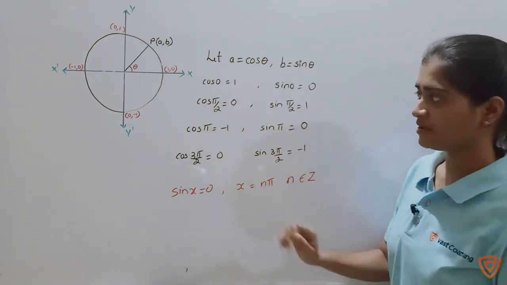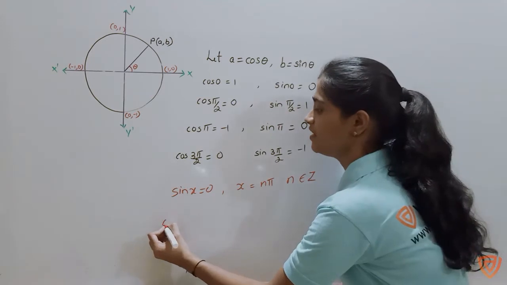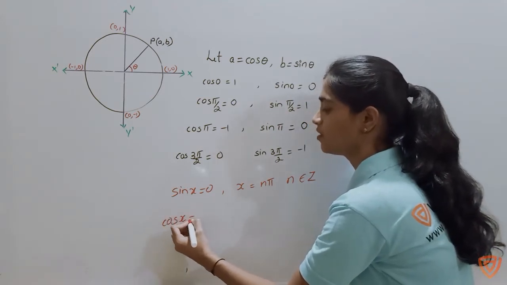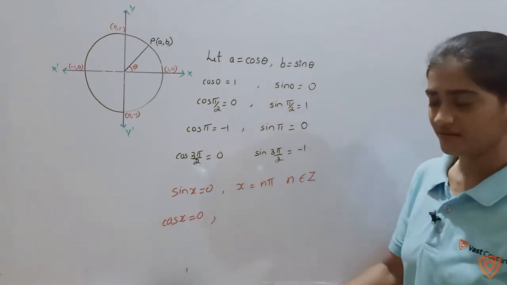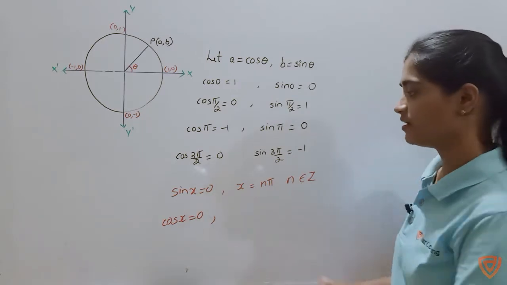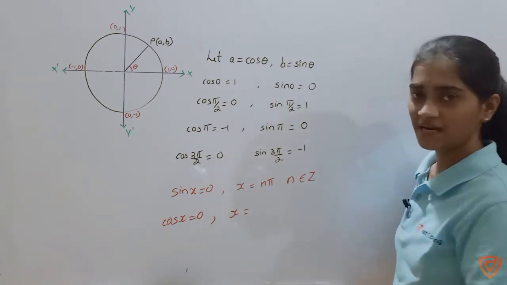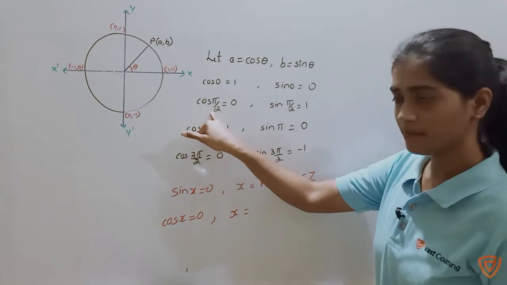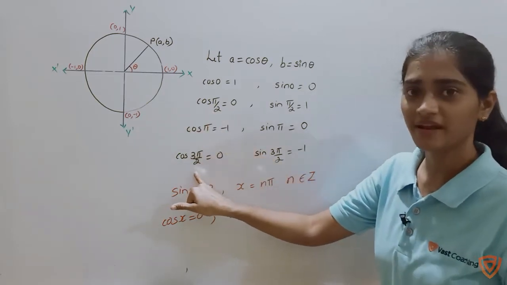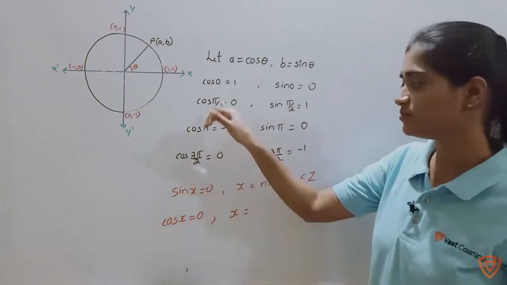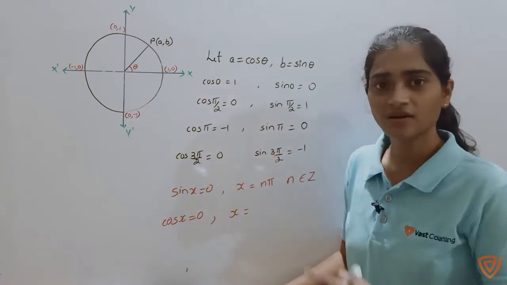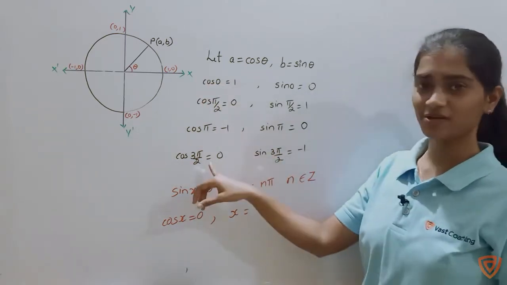Similarly, can we make out one more thing? Cos of an angle x is 0 when x is pi by 2, 3 pi by 2, next 5 pi by 2, 7 pi by 2. You can see that cos at odd multiples of pi by 2 is 0.